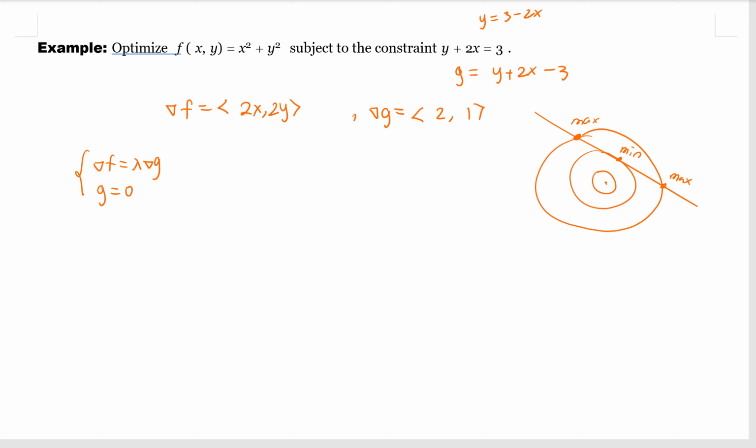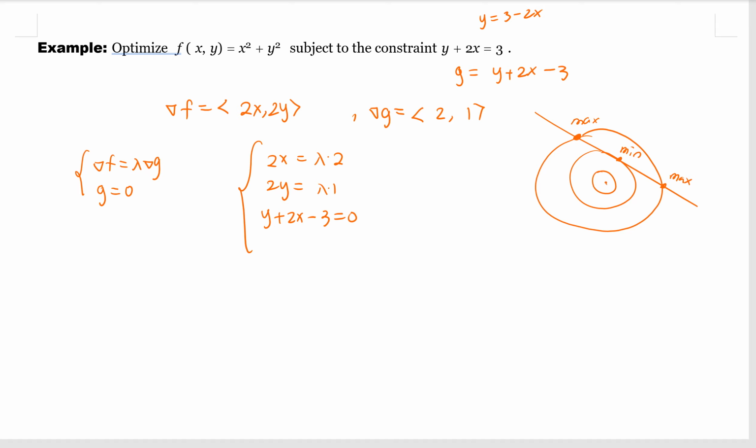So if you define your G by using the left hand side minus the right hand side, then this guy is always G equal to 0. So that will give us 2x equals lambda times 2, 2y equals lambda times 1, and G, so y plus 2x minus 3 equals 0.